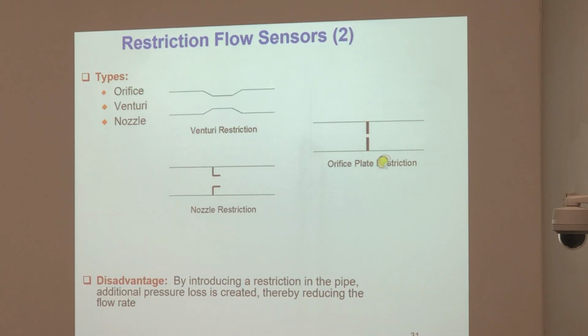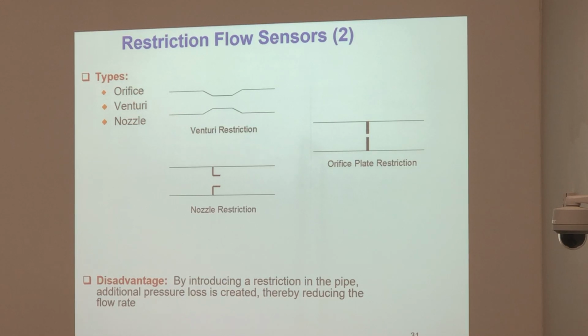So when I use an orifice as my flow meter, I need to design the system to cater for the additional pressure loss. But sometimes I still use an orifice meter for flow measurement, mainly because it's cheaper and easier to maintain. So in industry, the orifice meter is still a very common flow meter that people choose to use.